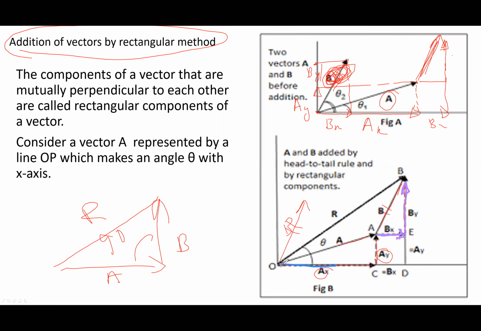This is the horizontal component of vector A, and this is the vertical component of vector A.